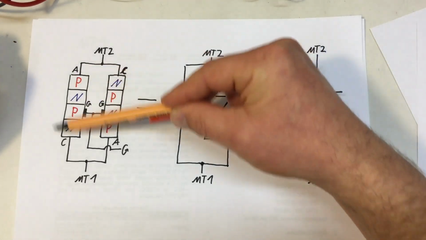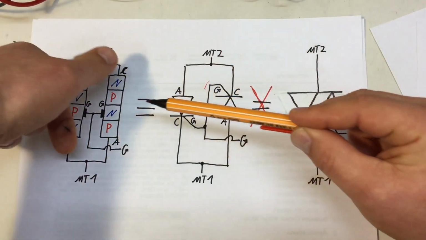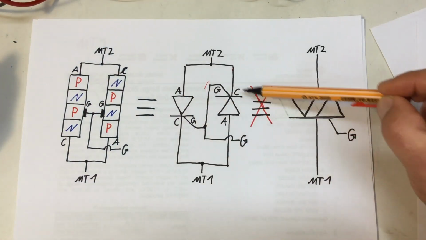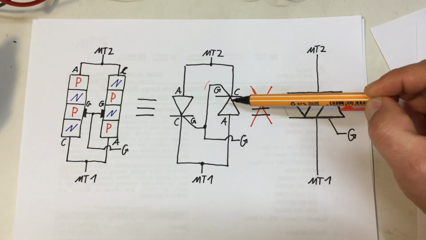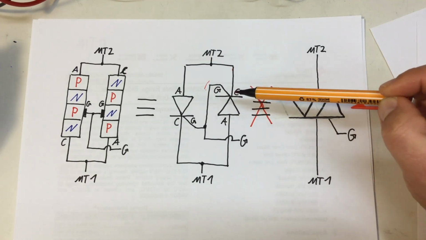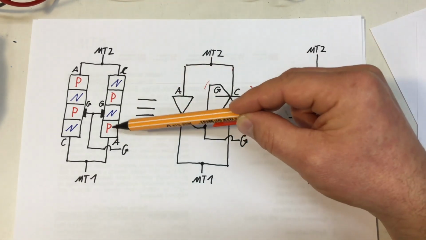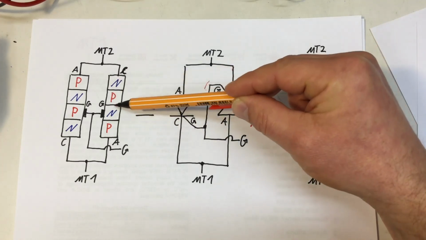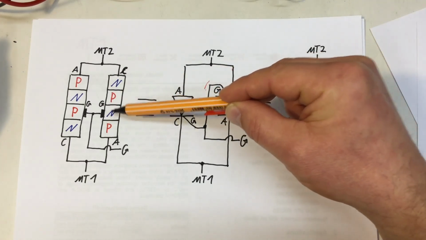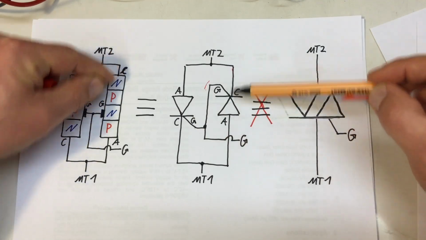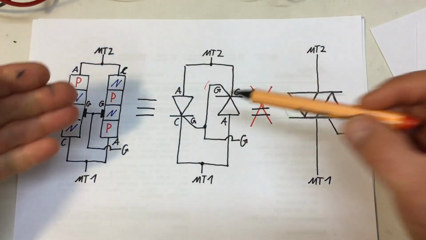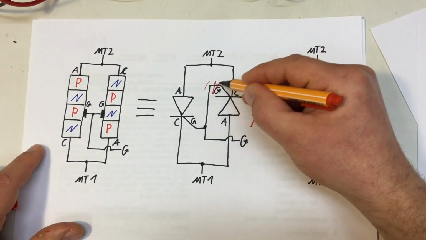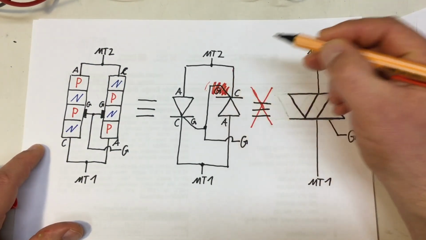Well, if you turn that around just 180 degrees like they did here with the SCRs, you immediately recognize that this is PN, but the gate is suddenly connected to N. So these two parts, they are not the same. They are not, it's simply wrong.